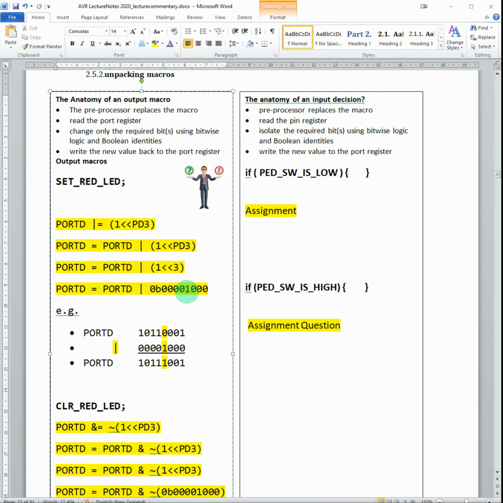And if we OR this with 1, it means it will force it high. So the output of this will be exactly the same as the input, except one bit will be forced high. And you can see this taking place with a simple OR here. We're taking this particular bit. It doesn't matter what these bits are. I've just arbitrarily set them at some value. If we OR them with 0, they maintain their existing values. But of course, if we OR something with a 1, then we're forcing it to go high.